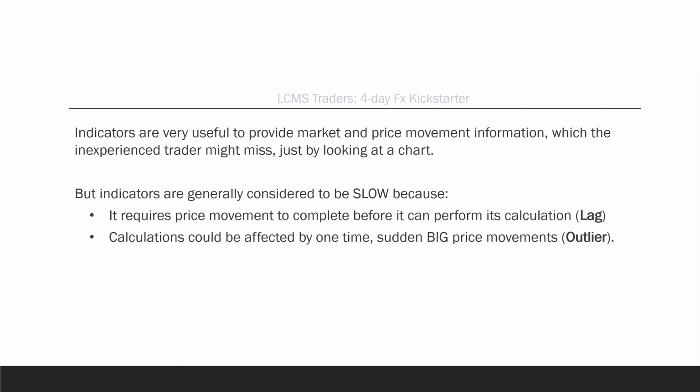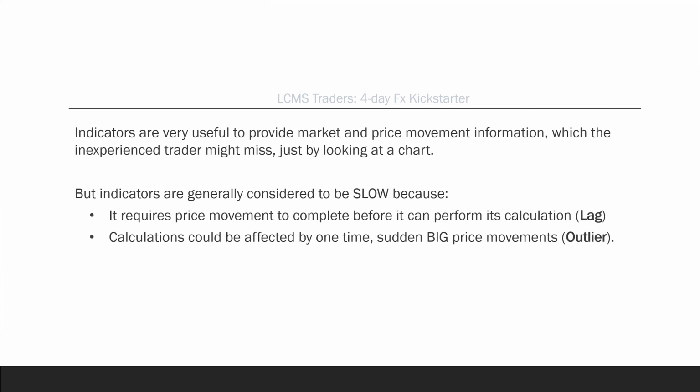Indicators are very useful to provide market and price movement information, which if you're new, you might miss just by looking at the chart. Indicators are generally considered slow because it requires price to complete moving before it can calculate. So it is a little bit lagging.